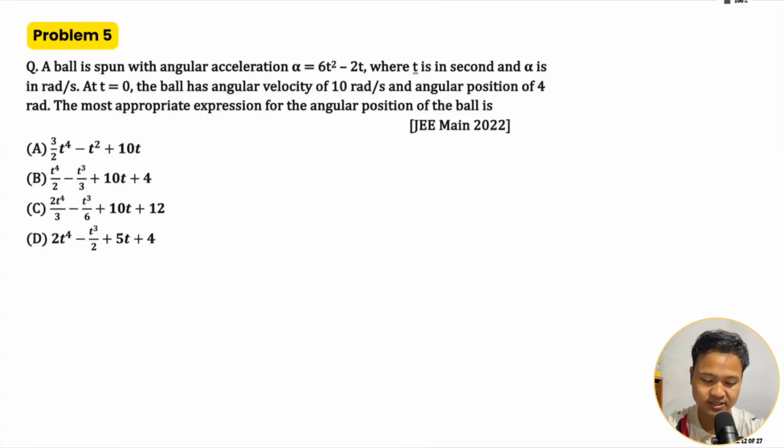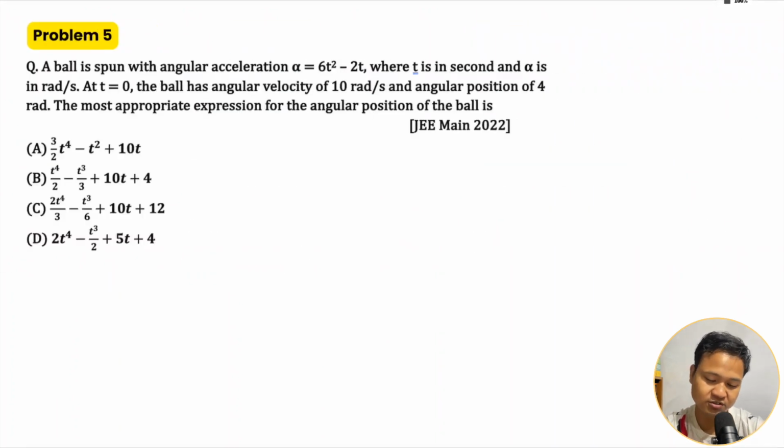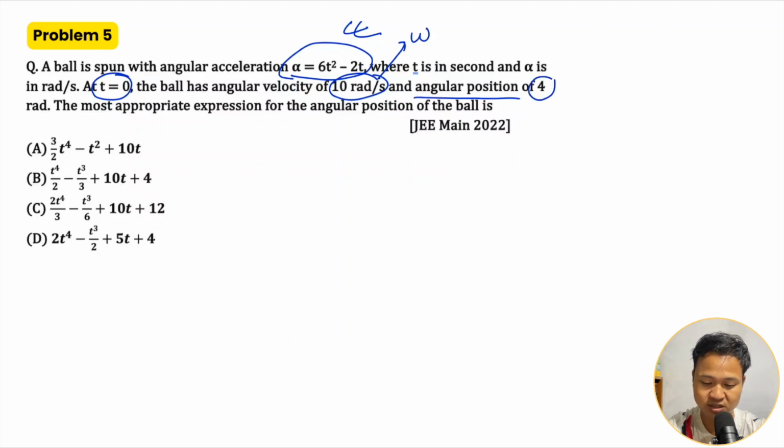Okay, then next let's try to use this equation. This is a rotation question. The previous question, they are actually asking from here. You're given acceleration alpha. The question says at t equals 0 the ball has angular velocity omega equal to 10 and angular position theta equal to 4.